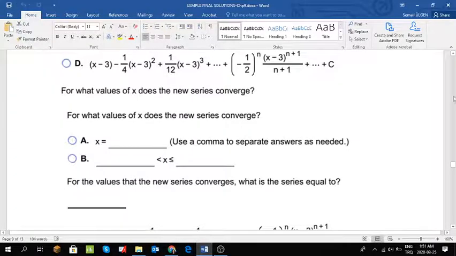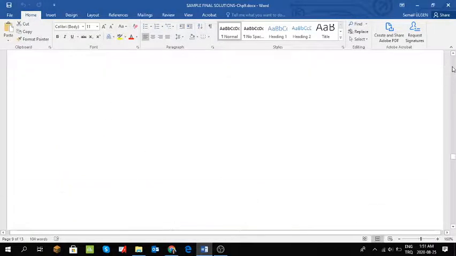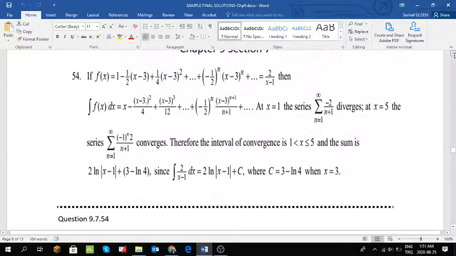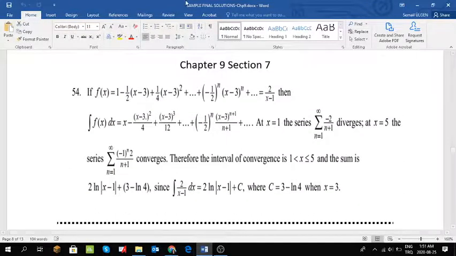Now here is the solution to that question. First of all, f of x, the series, is 1 minus 1 over 2 times x minus 3, plus 1 over 4 times x minus 3 squared, and so on, and this is equal to 2 over x minus 1 in the interval of convergence 1 to 5.